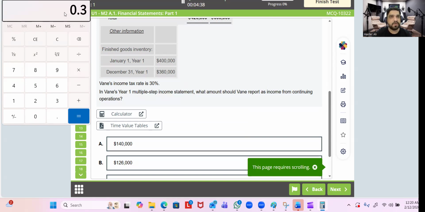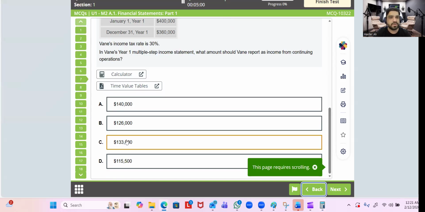Multiply by its 30% tax. So 54,000 is the tax expense. So you can do 180,000 minus 54,000. Again, the answer is the same. So you can do either way: 180,000 times 70%, or 180,000 minus 30% of tax. This gives you the same answer.